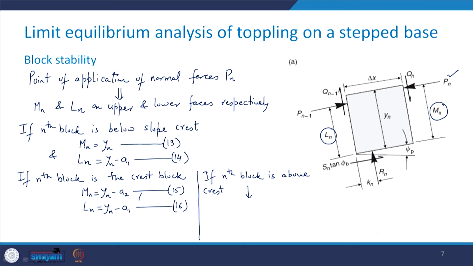Then Mn will become equal to Yn minus A2 and Ln is equal to Yn. What are these A1, A2? Everything you have with you, and you can refer to the first figure of this lecture which I have already shown to you.